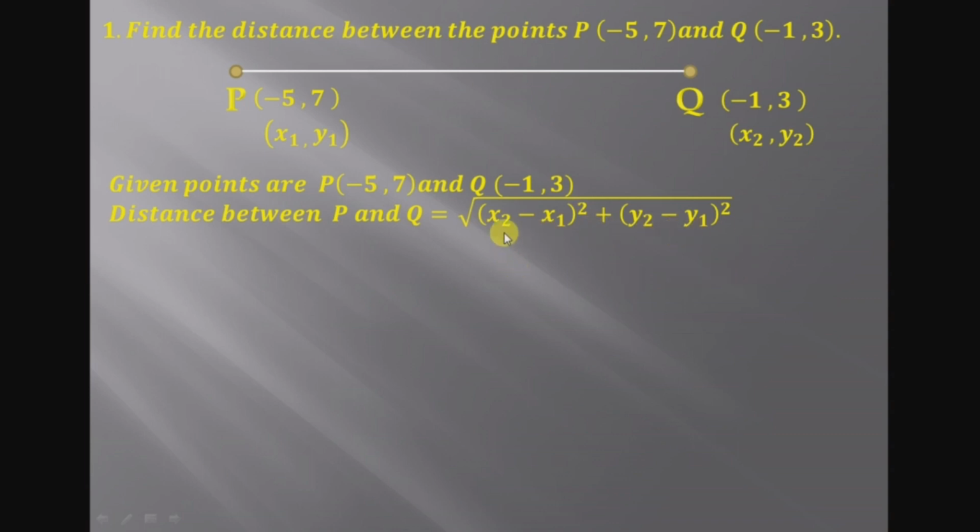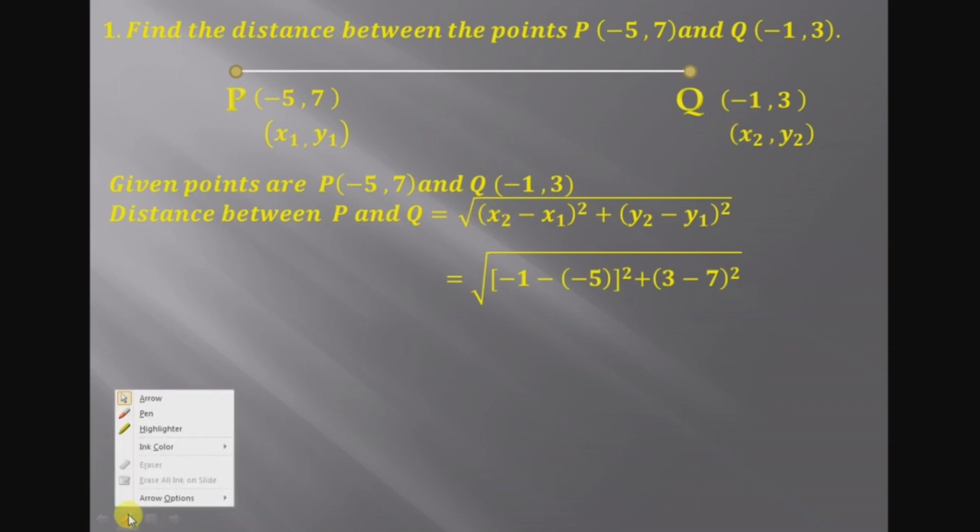Let's replace x2, x1, y2, y1 by their values: -5, 7, -1 and 3. So now instead of x2 I will write -1. The value of x2 is -1, so it is -1 minus x1.